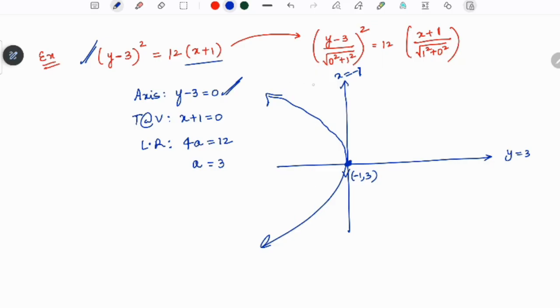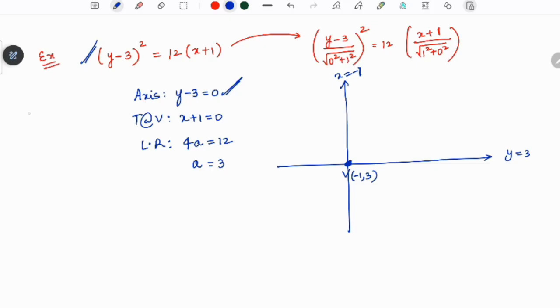That means on the parabola you are saying there are points whose x coordinates are -2, -3, like this. But if the x coordinate is -3, suppose you put -3 in this, it is a negative quantity. Y minus 3 whole square negative, how is it possible? So this side we do not have the parabola. It is not this side.